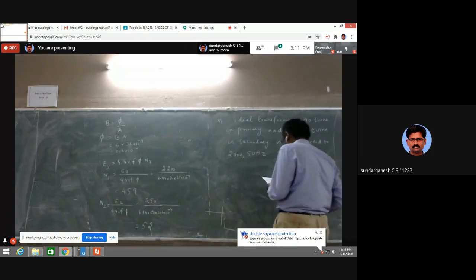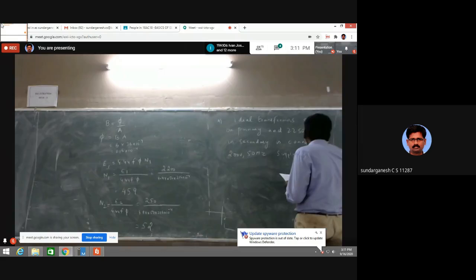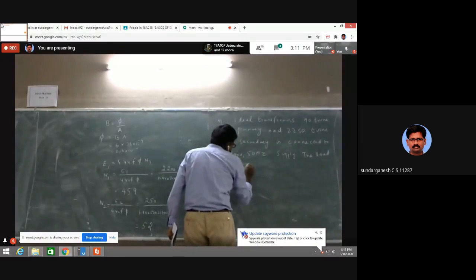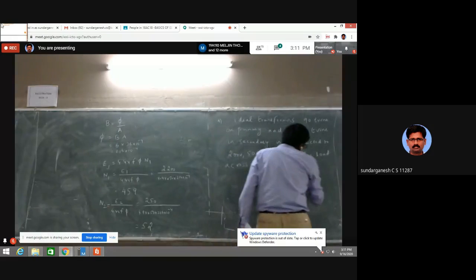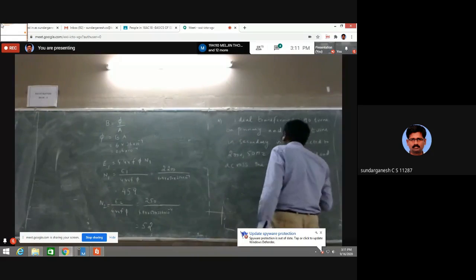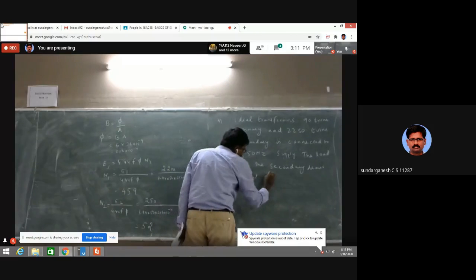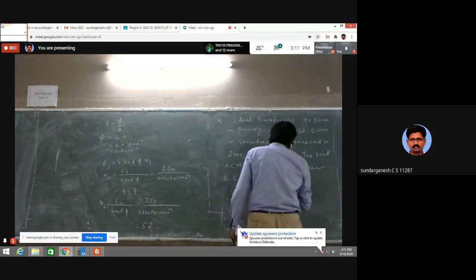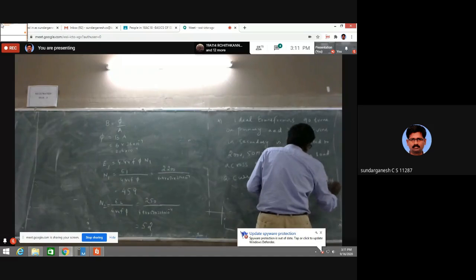Next, the load across the secondary draws a current of 2 amps at 0.8 power factor lagging.